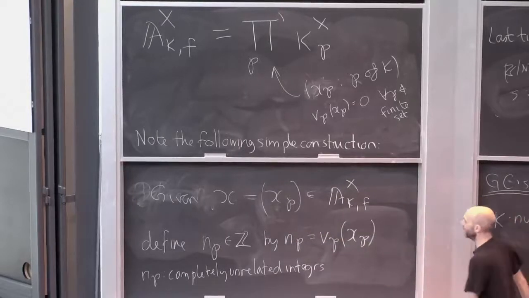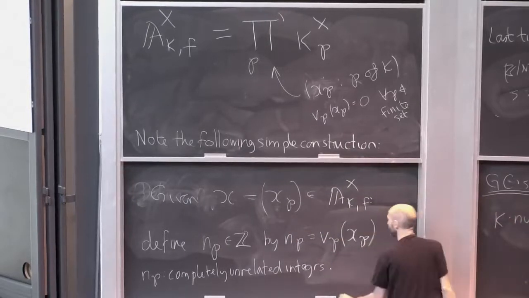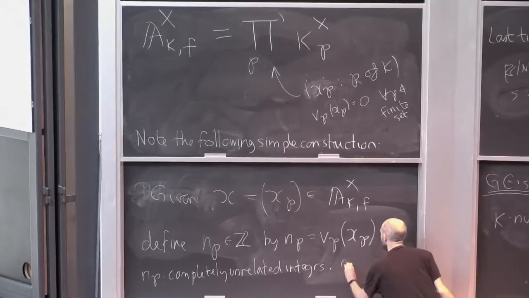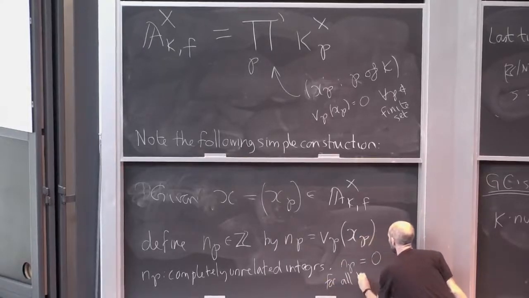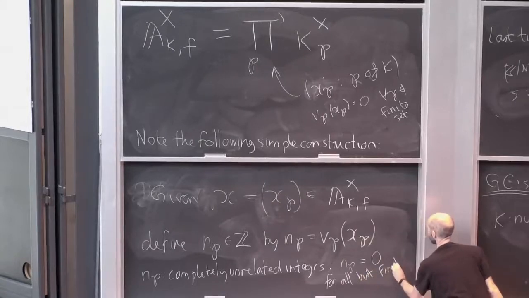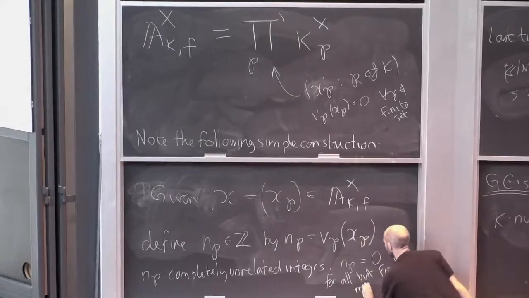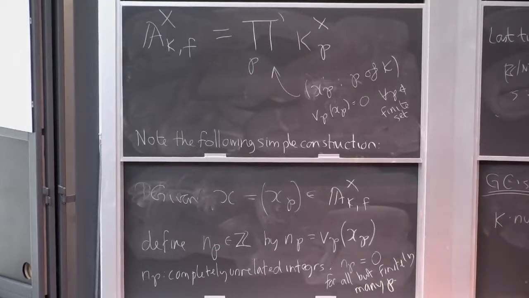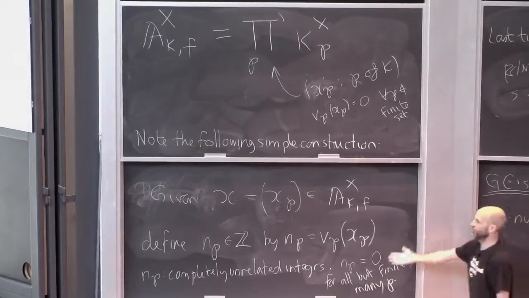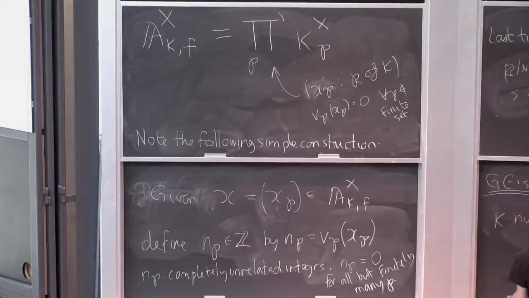So the n_p are completely unrelated integers satisfying one condition, that n_p is equal to 0 for all but finitely many p. So given a finite idele, there is a construction of infinitely many completely random integers, all but finitely many of which are 0.